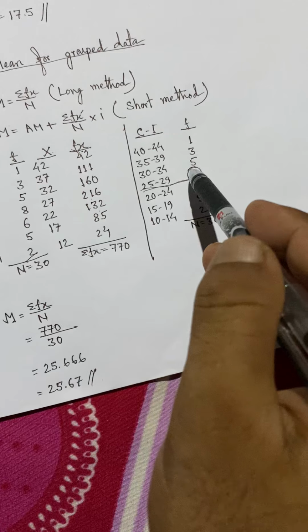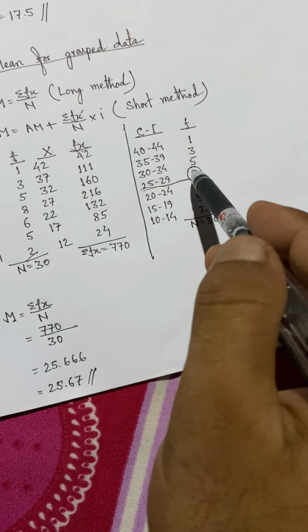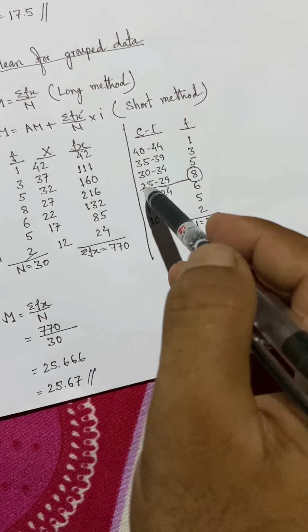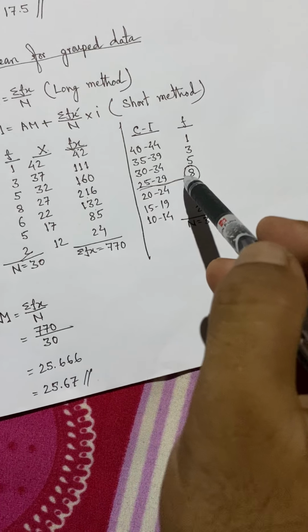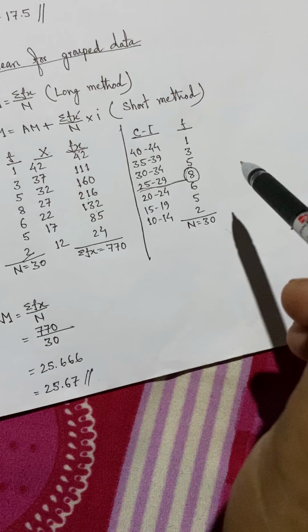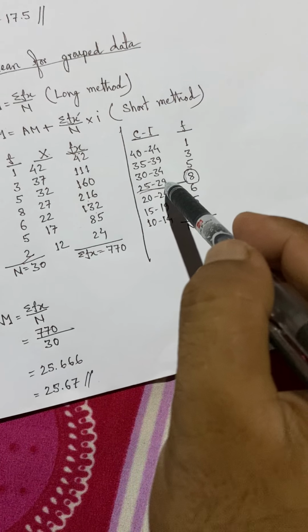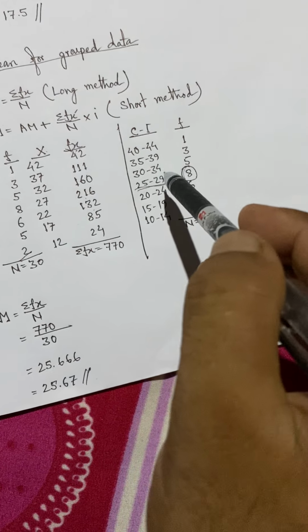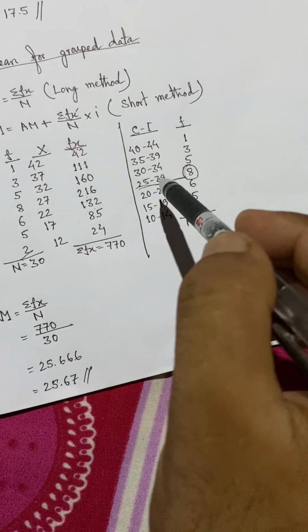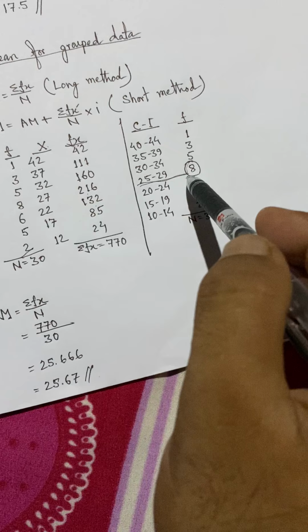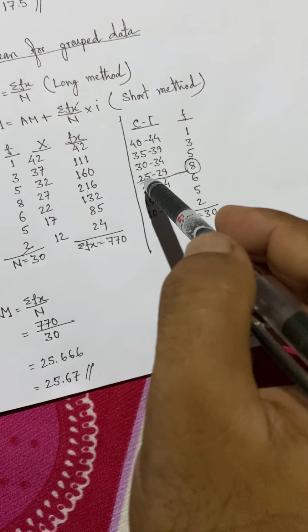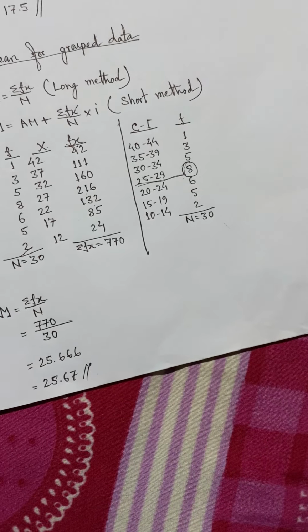Maximum students obtained marks between 25 and 29. So you have to find the highest number, and there you have to assume the mean. Maximum number is 8 and it lies in this group 25 to 29. You have to mark it.